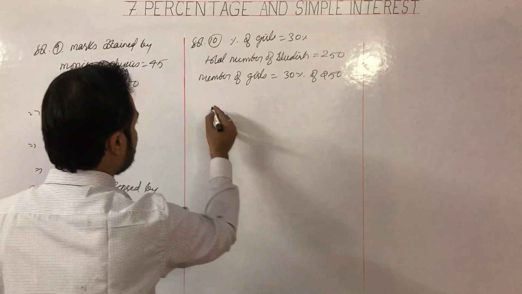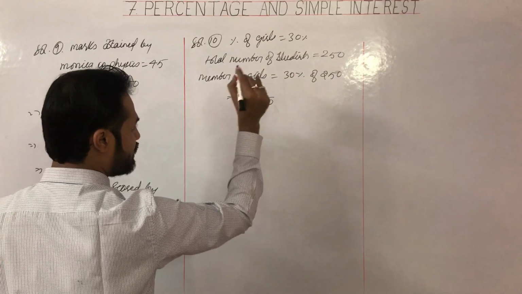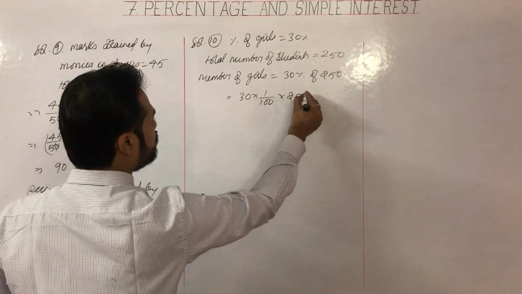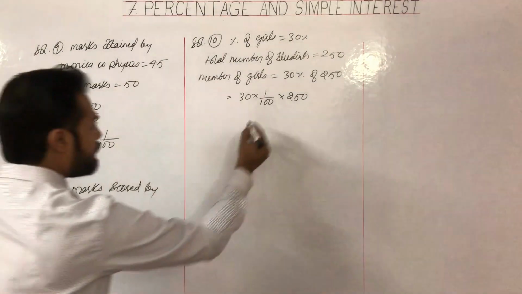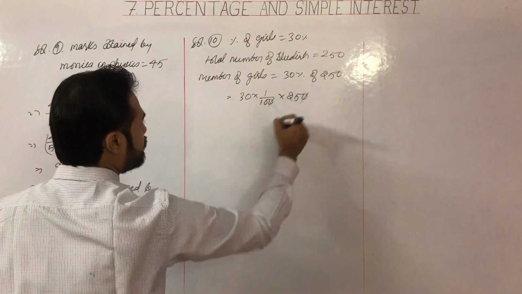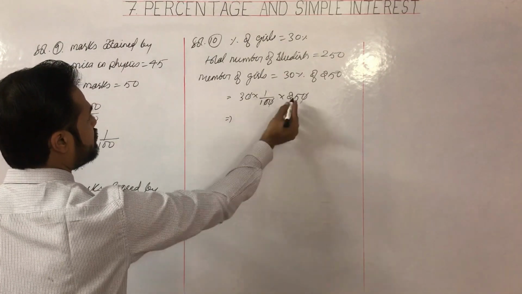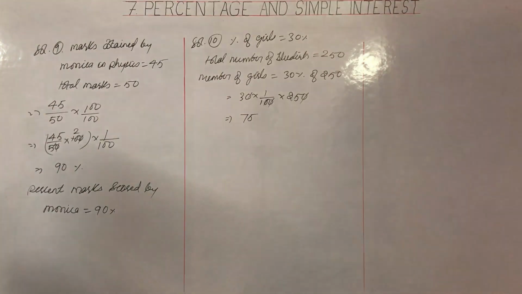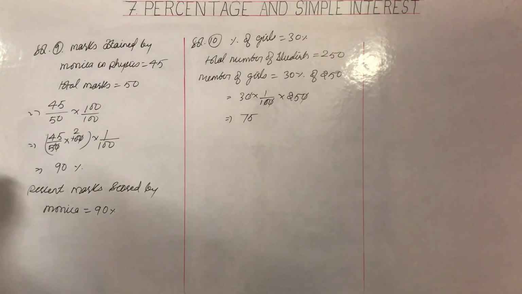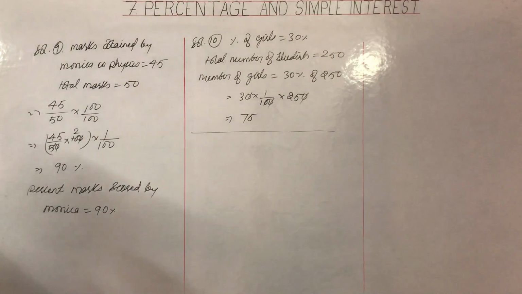So number of girls is 30% means 1 by 100 of 250 means multiplied by 250. 100 and 0. Okay, 0 by 0 again. And 25 by 3 is 75. So number of girls 75.